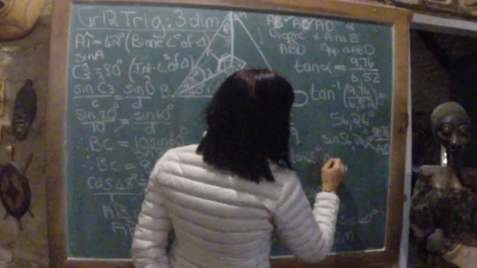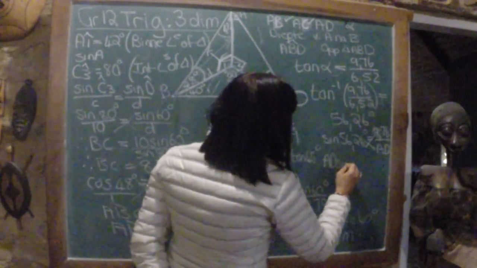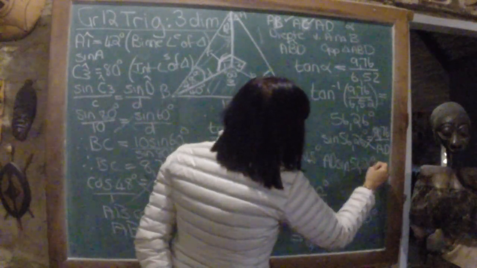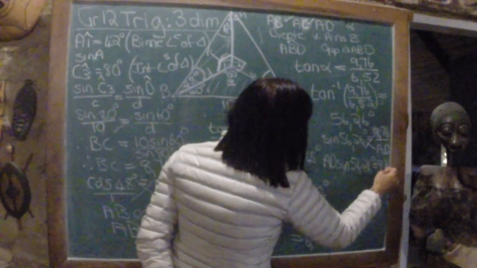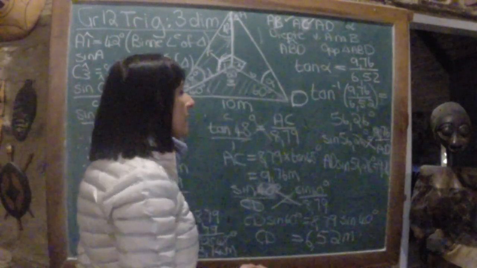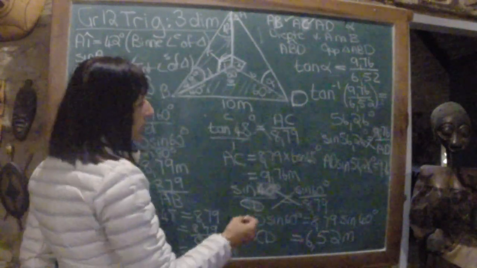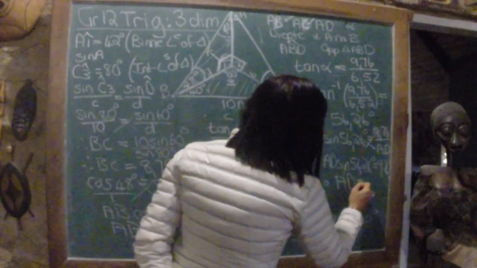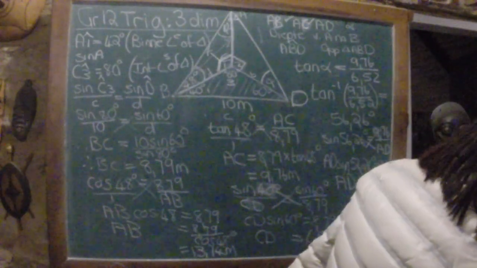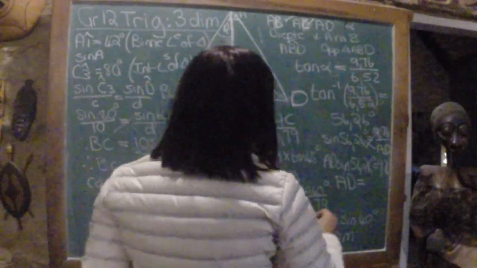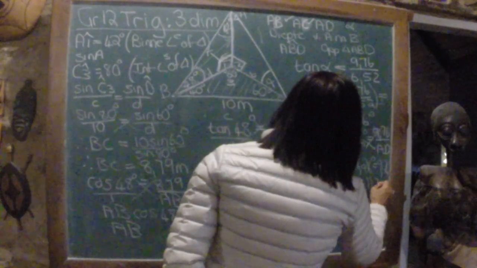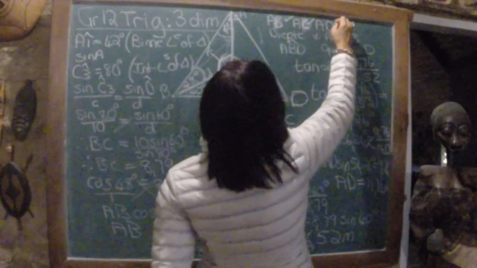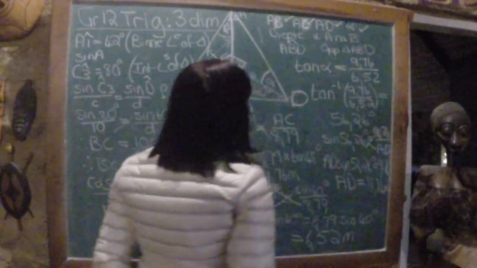So AD maal die sin van 56,26 grade is gelyk aan 9,76. And then I can divide with sin 56,26 on both sides to get AD equals 11,74 meters. So now I've got AD and I've got alpha.